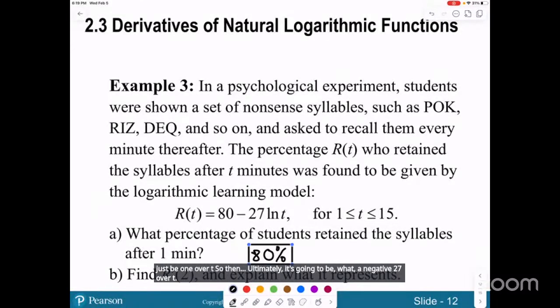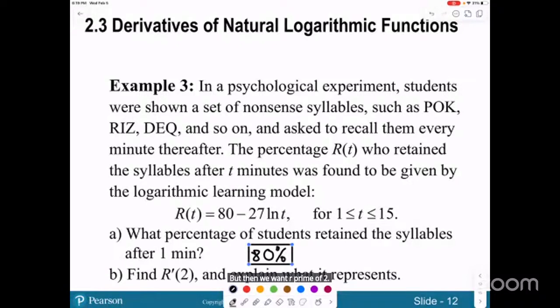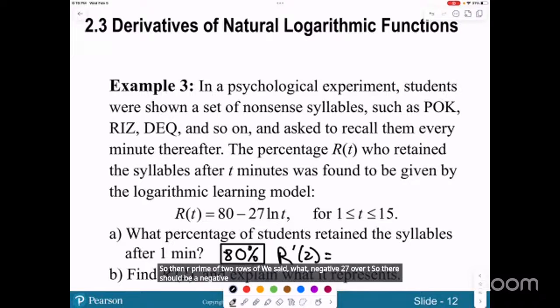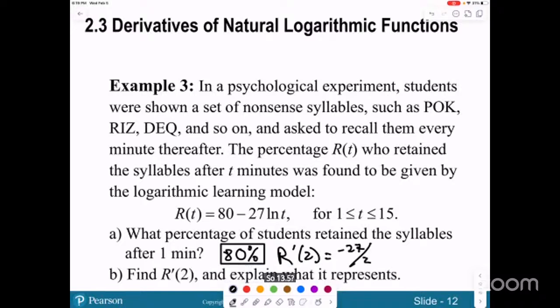But we want R prime of 2, so negative 27 over 2, which is 13.5. So negative 13.5% per minute.